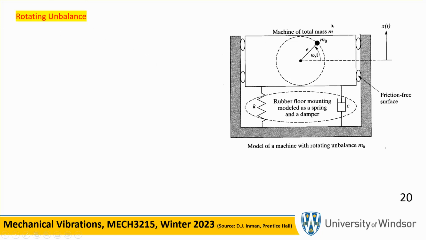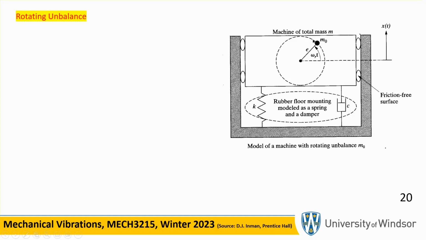So we have here a mass, and in it there is an imbalance. A motor, for example, with a rotating imbalance. Think about this thing as a motor, and one of the turning components in it is chipped off or broken, or on purpose, a little mass is attached to it.